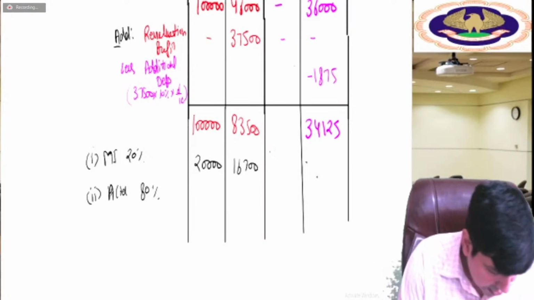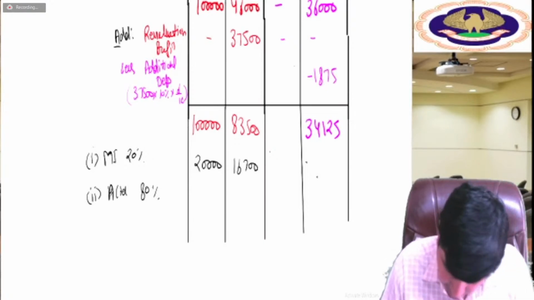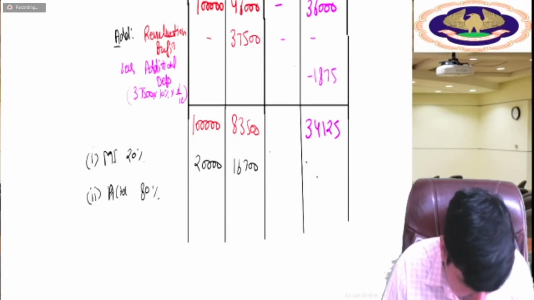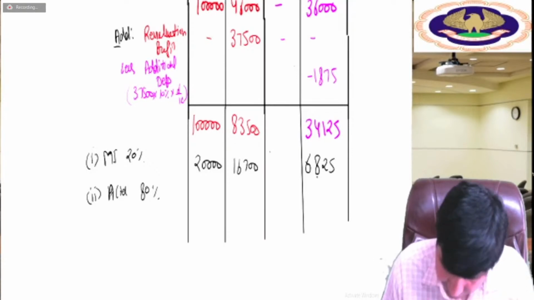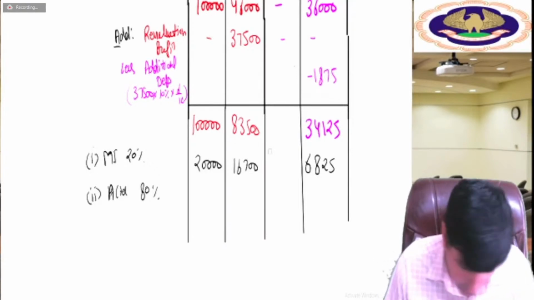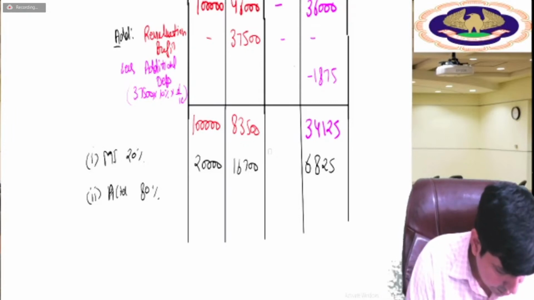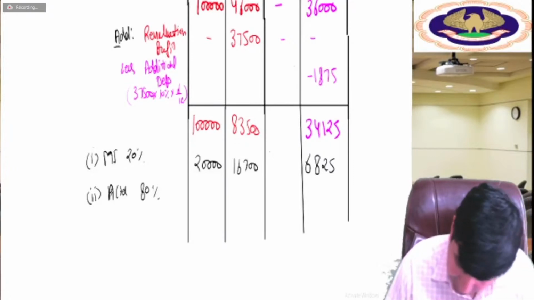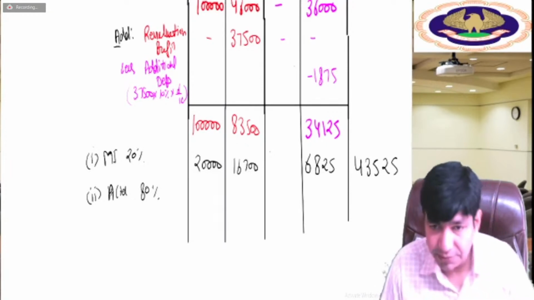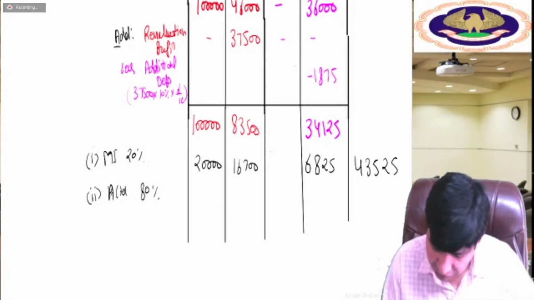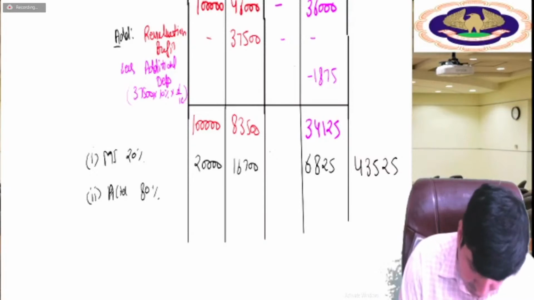Better do 20%, that is the minority part. How much is that? 6825. Okay, 6825. Please do the total for minority. This is the minority part. 43525. Yes, better. 43525. Namrata, let me know what you want me to explain better.